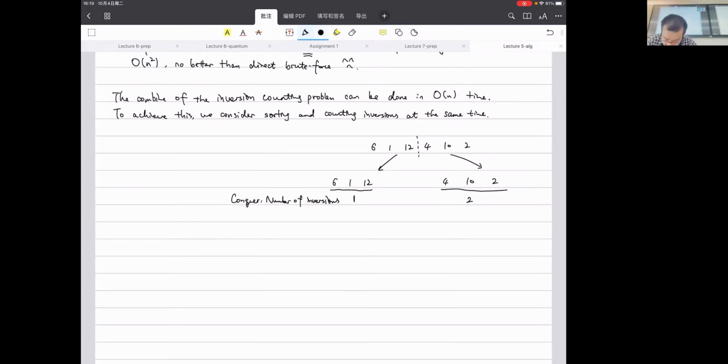One thing that is a key observation here: sorting in left and right does not influence inversion pairs between left and right.